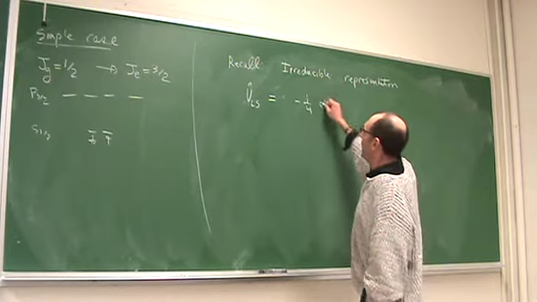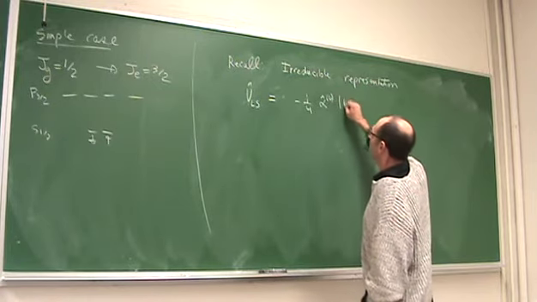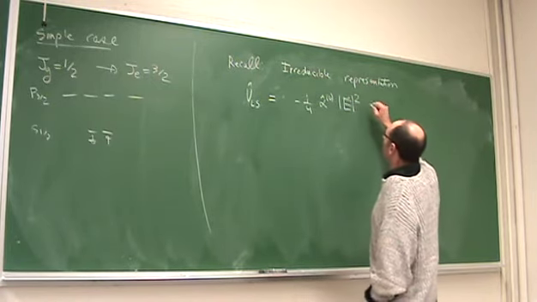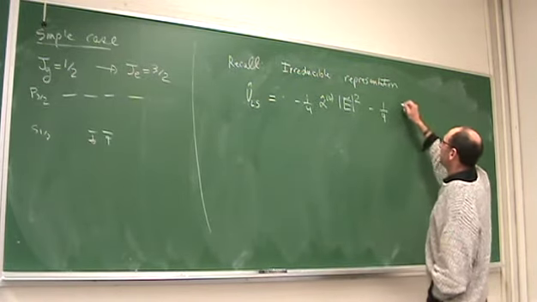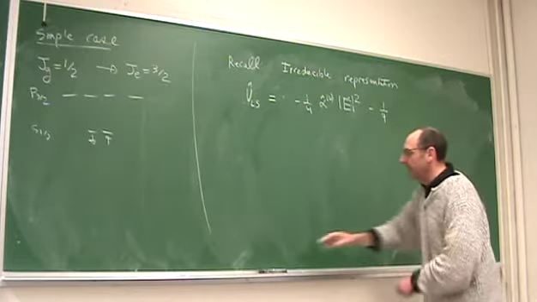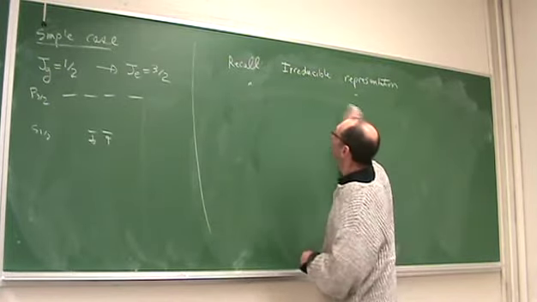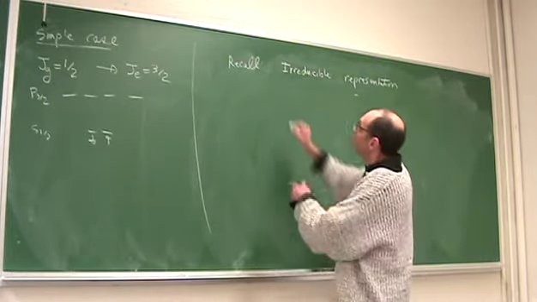We have a part that is a number, which I'll call alpha 0, a part that is an antisymmetric tensor. Before I do that, let me perhaps write this out in a slightly different way.